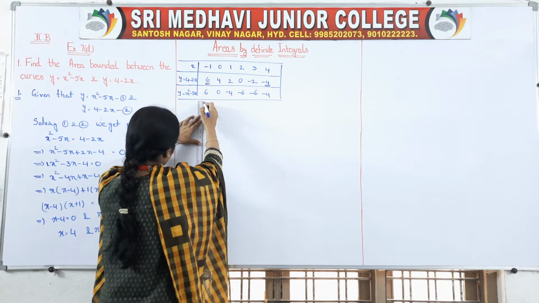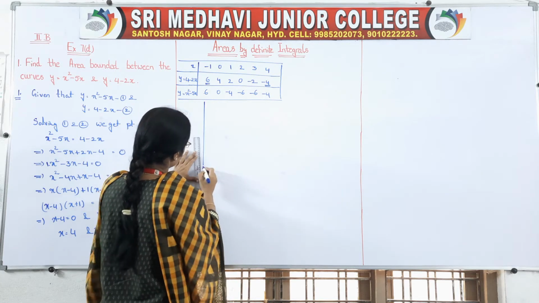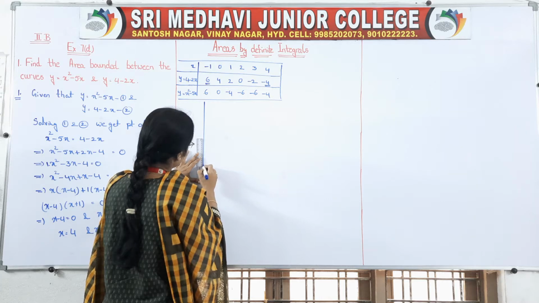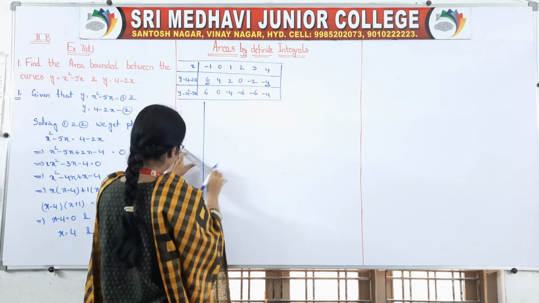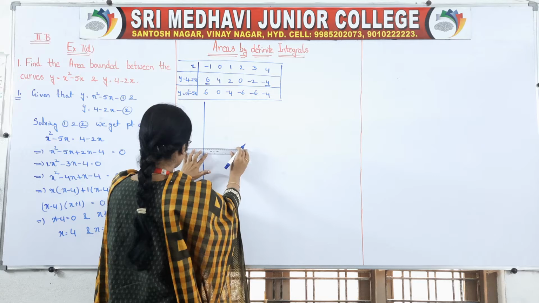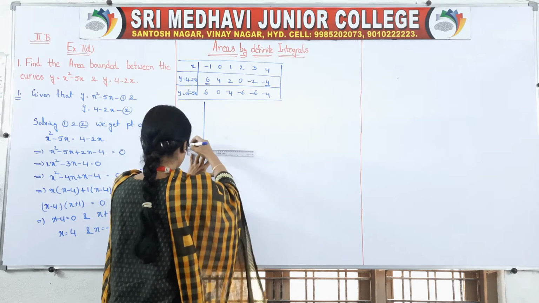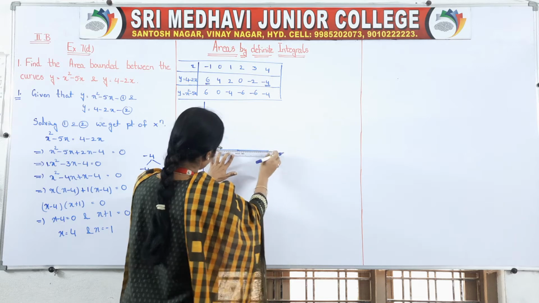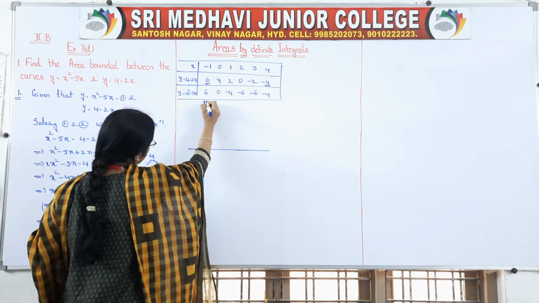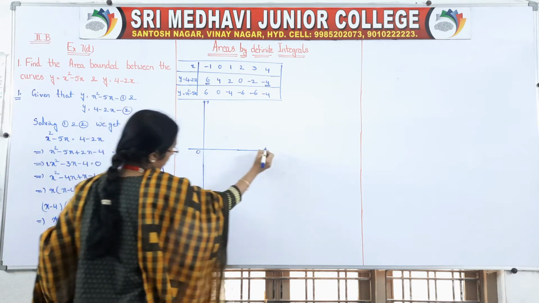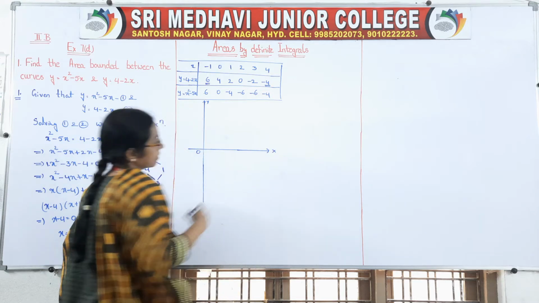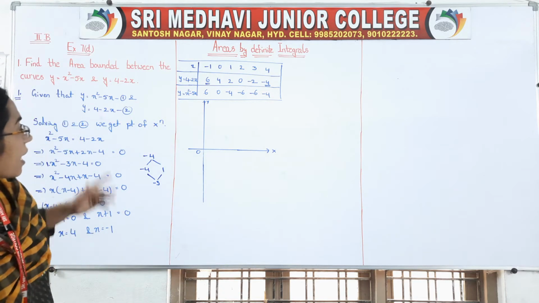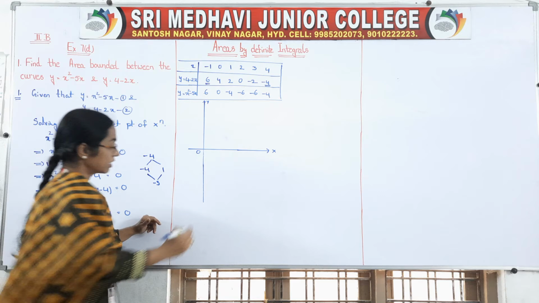So first x axis, and we have to take y axis as well. So on x axis we can take like this. Okay, so this is your y axis, this is your x axis. Okay, x dash y dash.